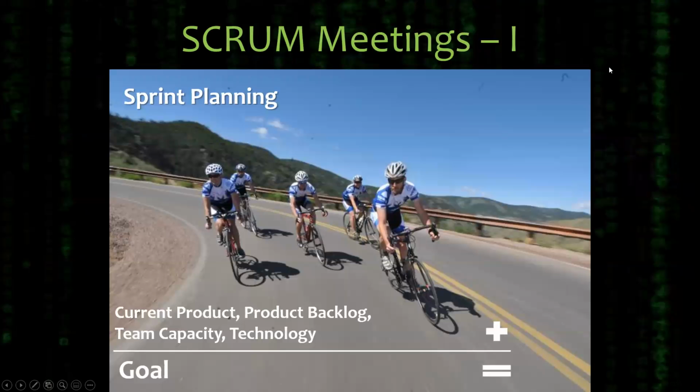Right. Then you have the Scrum meetings. The first one is the sprint planning, right? So you look at the current product, what is implemented up to now, and then you look at the product backlog, right? What needs to be implemented, the features, the defects to be finished, and all that.